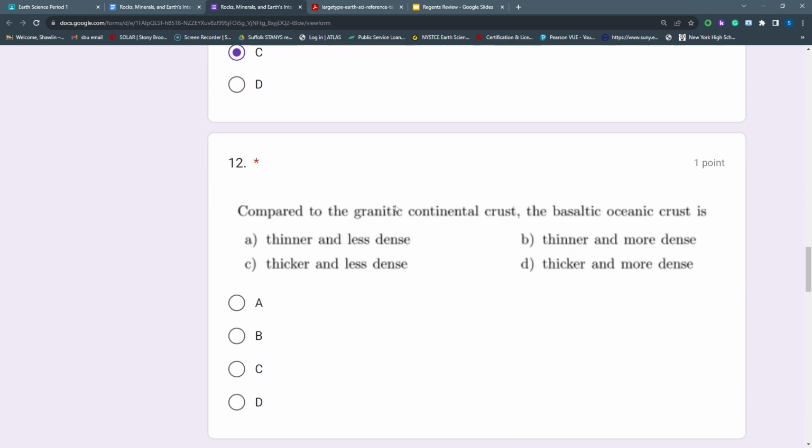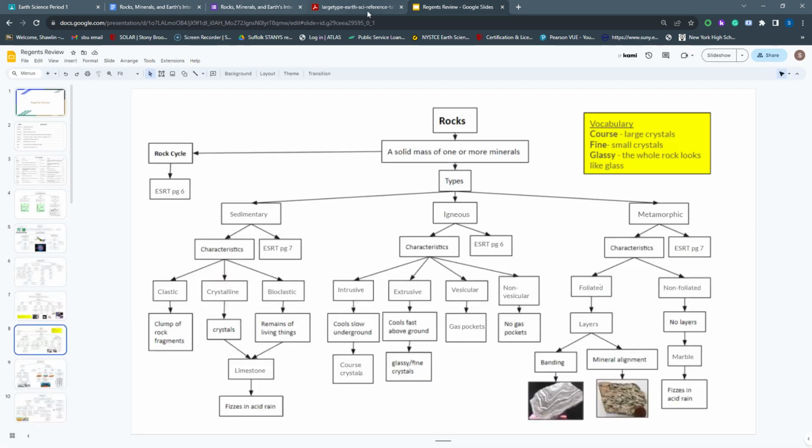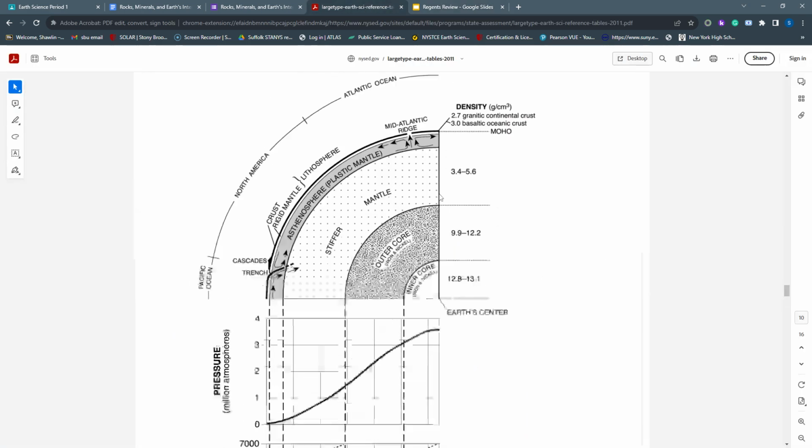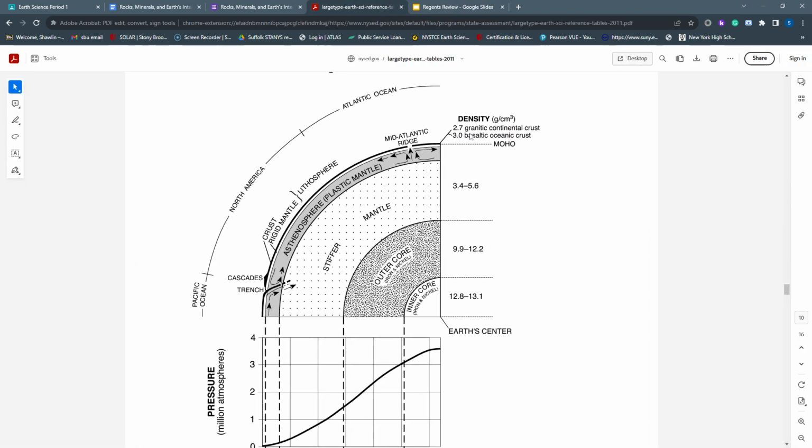Question 12. Compared to the granitic continental crust, the basaltic oceanic crust is... this one you can find the density right here. So the granitic continental crust is 2.7 density and the basaltic oceanic crust is 3.0. So the oceanic crust is more dense and the continental crust is less dense.